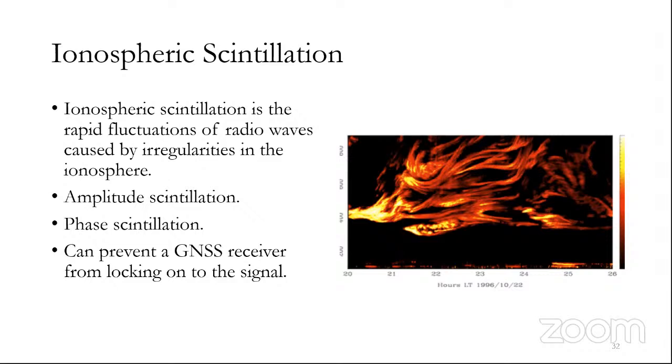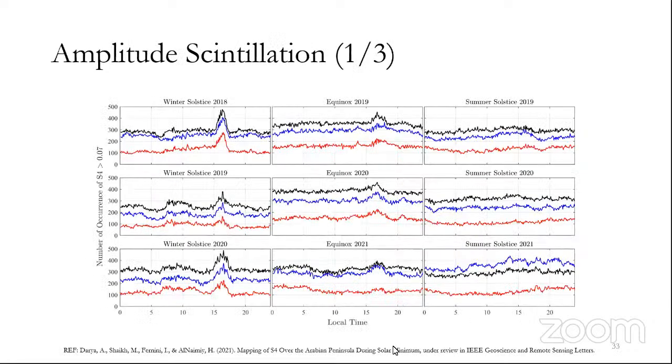This is also one of the things that we study. We conducted a study for 2018, 19, and 20, this time using data from our own receiver here at the Sharjah Academy. We found that at all winter solstices, we observed a peak of ionospheric scintillation, as you can see here.